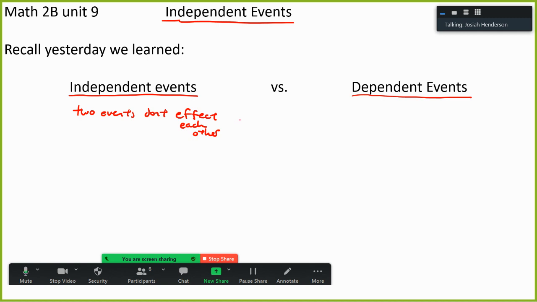Not even in a math sense, but just in general. And dependent in general means one thing does affect or depend on the other. It could change the outcome depending on how the first event goes. It could change it for the second event.